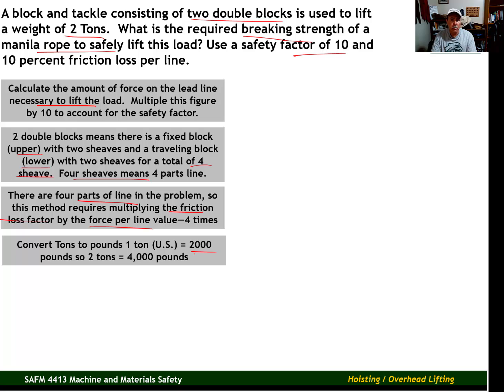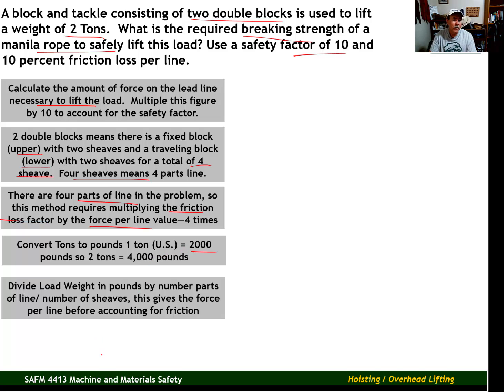So 2 tons equals 4,000 pounds. We have 4,000 pounds, 4 parts of line. That gives us an individual line value of 1,000 pounds before we account for friction loss. Again, divide load weight in pounds by number of parts of line. This gives the force per line before accounting for friction.